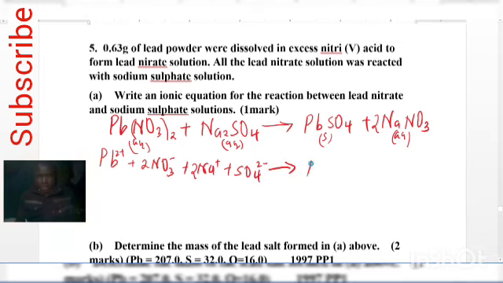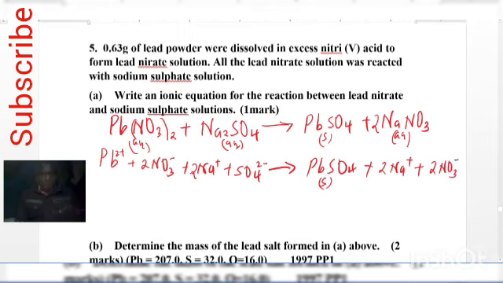Lead sulfate remains as it is, because if it is in solid, liquid or gaseous form, you don't write the ionic form for that. You don't touch it ionically, it just remains.